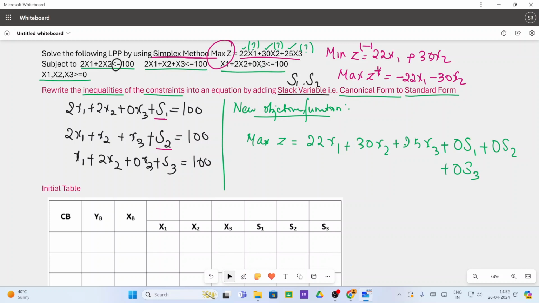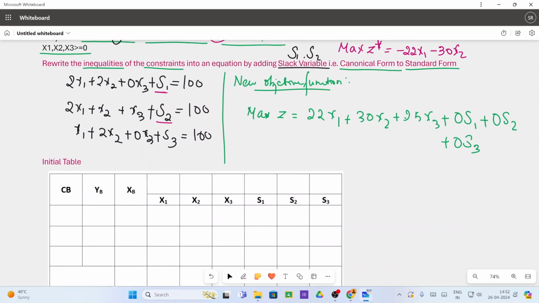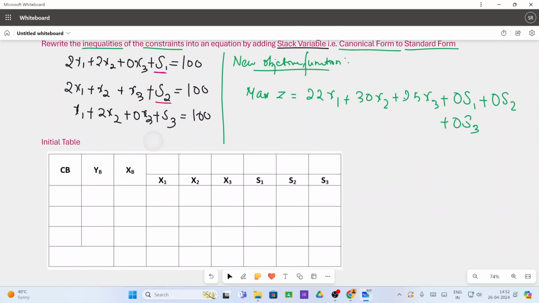Once we are done with the new objective function, the next thing is we have to bring it to the initial table. In the initial table, this is represented as Cj. You have a table with Cb, Yb and Xb, X1, X2 and X3. Why X1, X2 and X3? In the constraints we have three variables, and we have introduced three slack variables, that is why S1, S2 and S3.